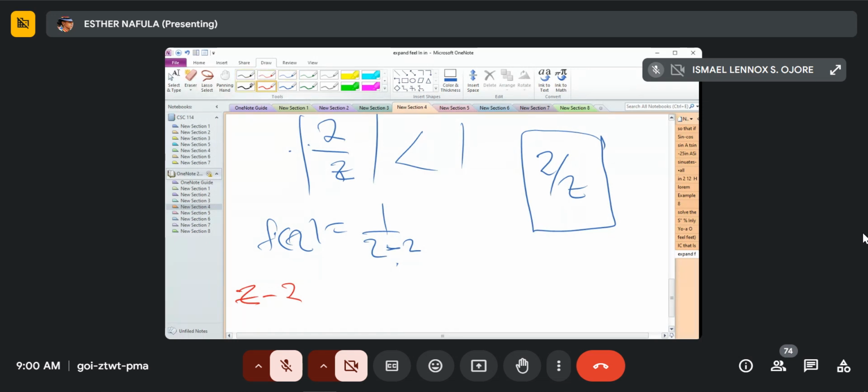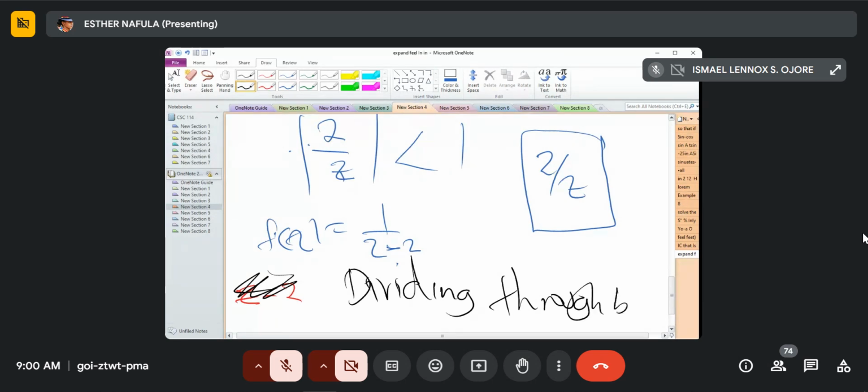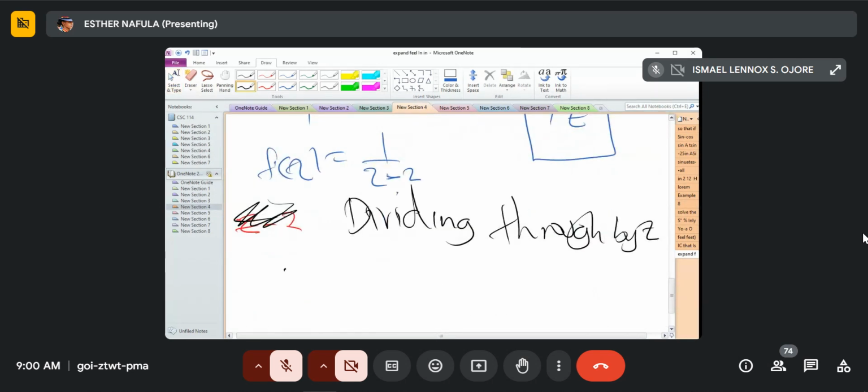If we do that, so dividing through by z, we have 1 divided by z in the numerator. Don't forget to divide through in the numerator. In the denominator, we have z divided by z minus 2 divided by z.